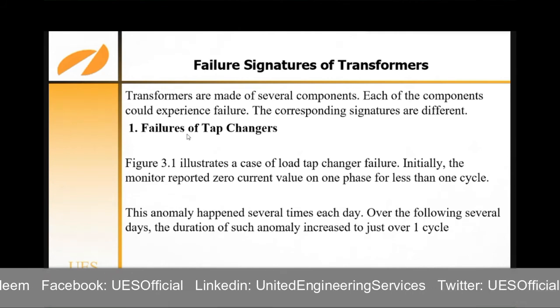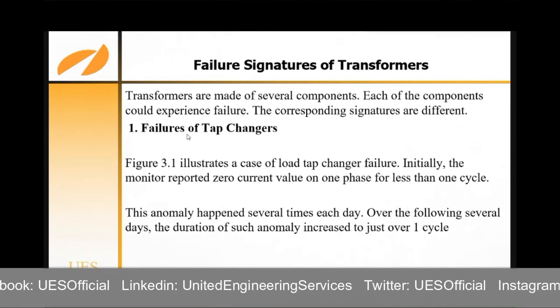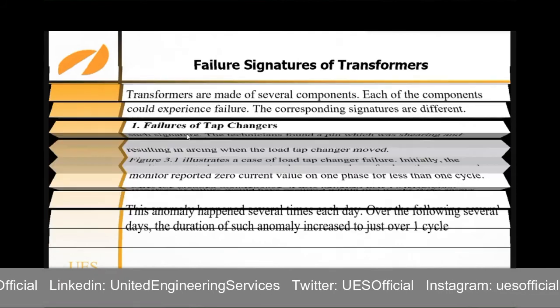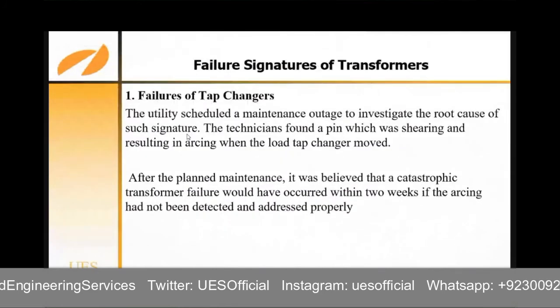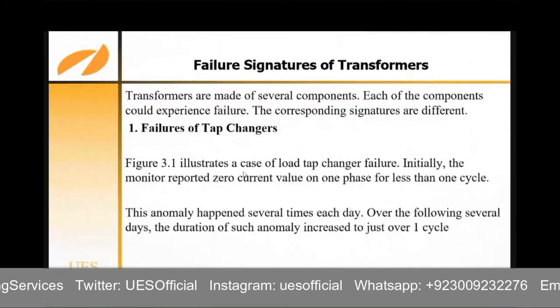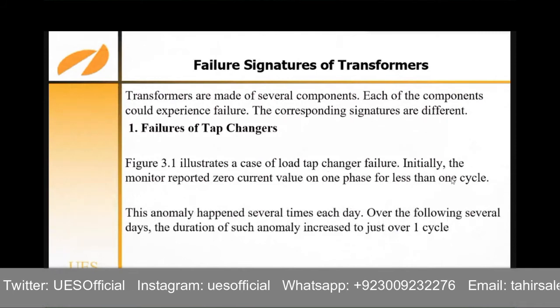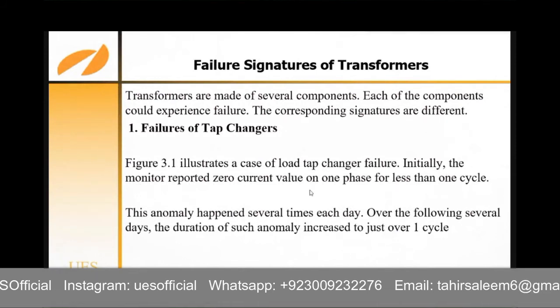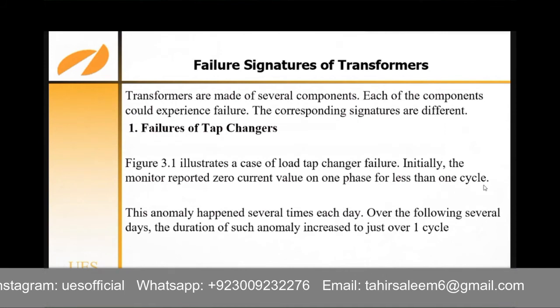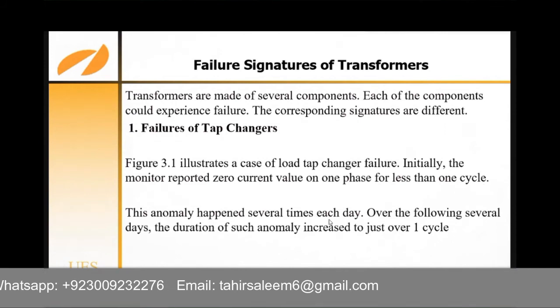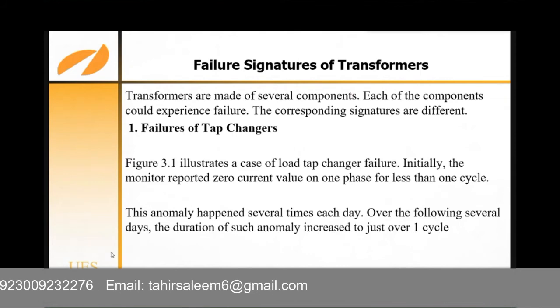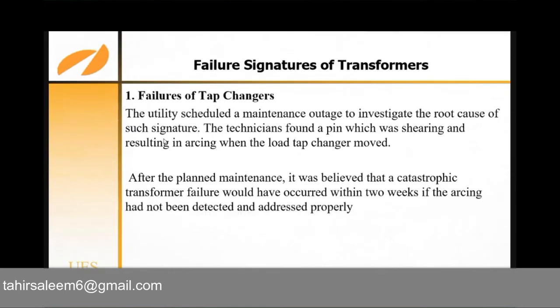Now, failure of tap changers. Figure 3.1 illustrates a case of load tap changer failure. Initially, the monitor reported a zero current value on one phase for less than one cycle. This anomaly happened several times each day. Over the following several days, the duration of the anomaly increased to just over one cycle.